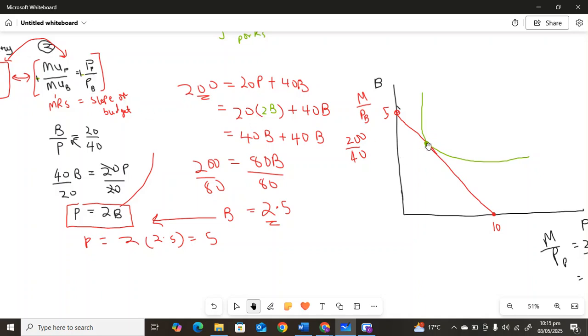When the slopes of the budget constraint line and the indifference curve are equal, that's where you get the optimal bundle, the bundle that will make you the most satisfied. So this is 2.5 here for beef, and this is 5 units for pork. Okay.